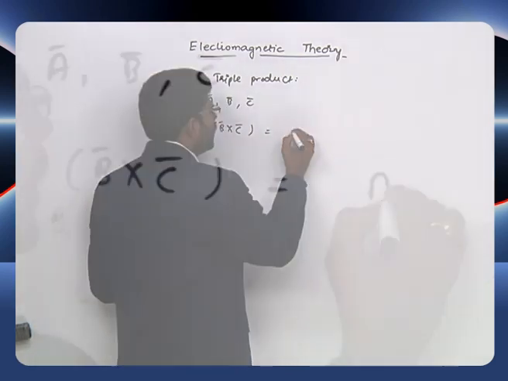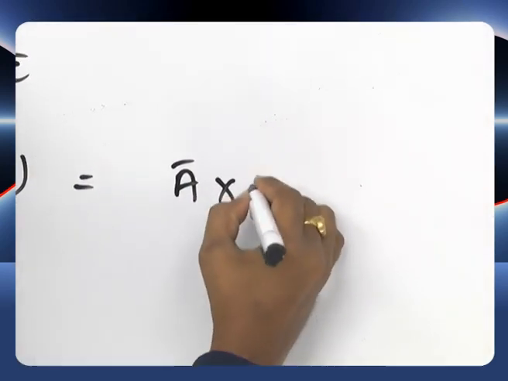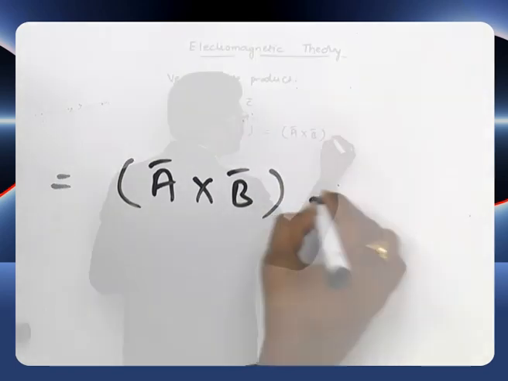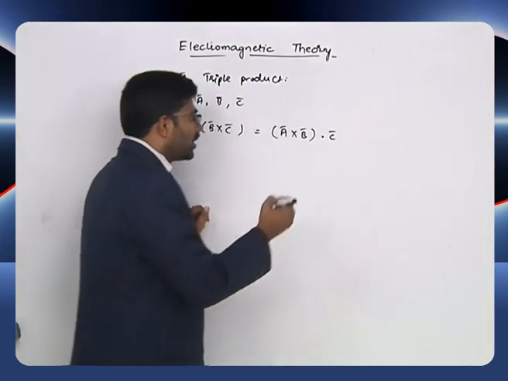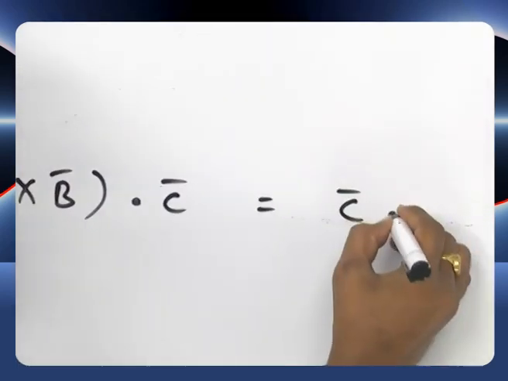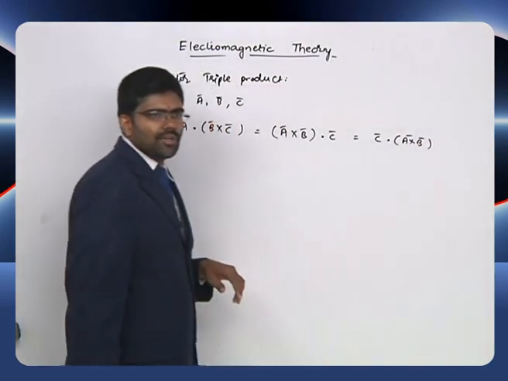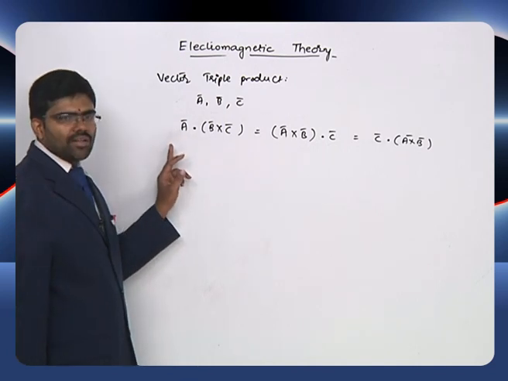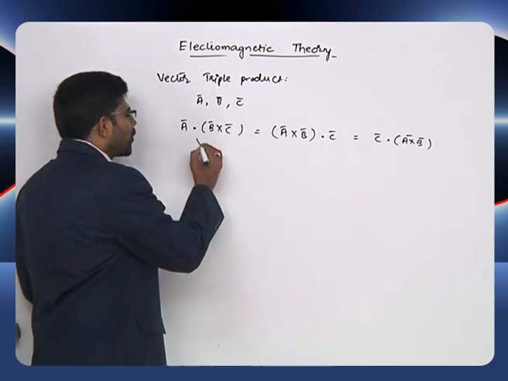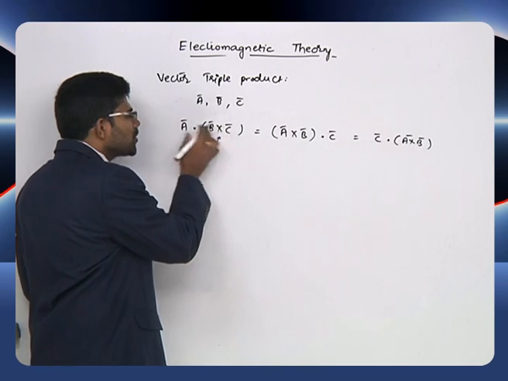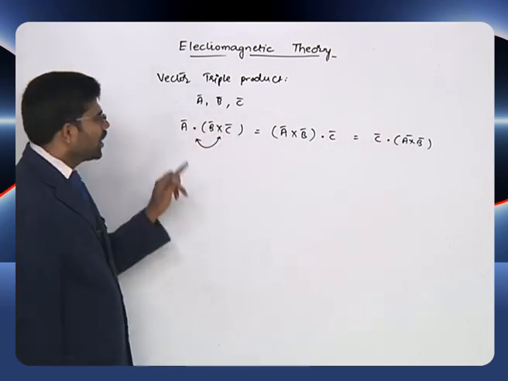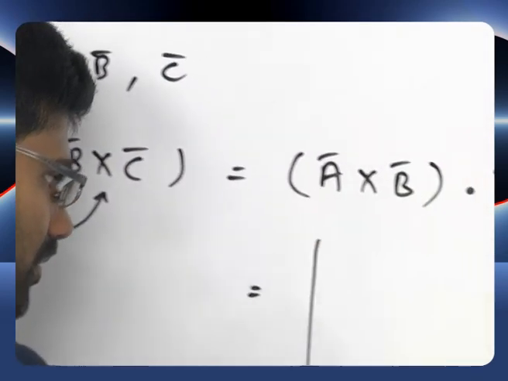So this can be written as A bar cross B bar dot C bar, and in the same way you can write this one as C bar dot A bar cross B bar. So just remember, for the scalar triple product we can swap the operators or the positions of the vectors, and the answer can be written like this.